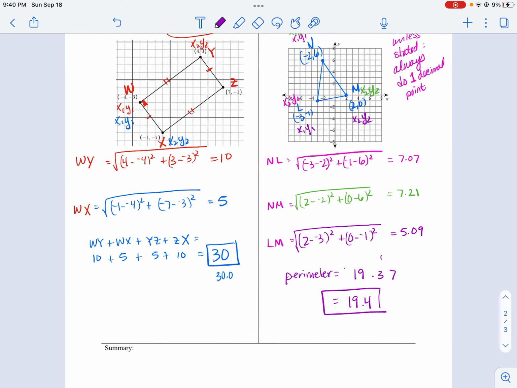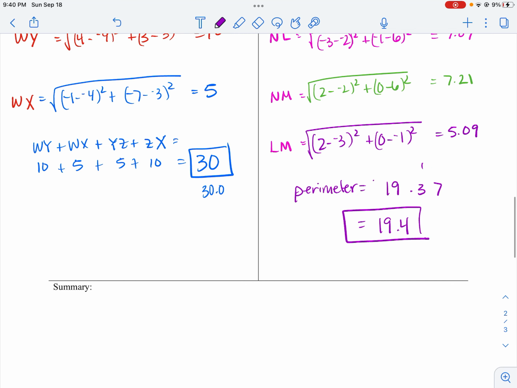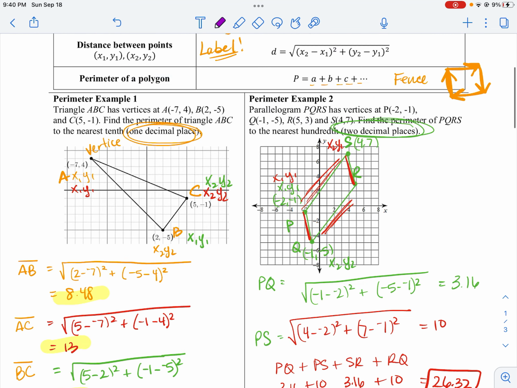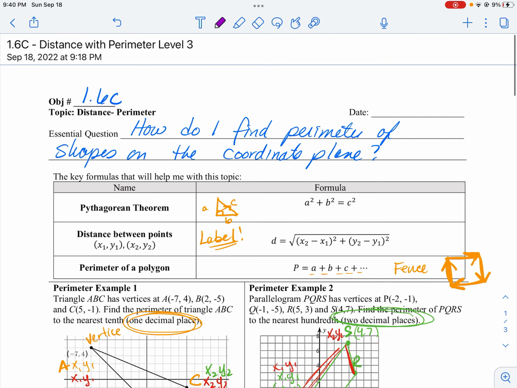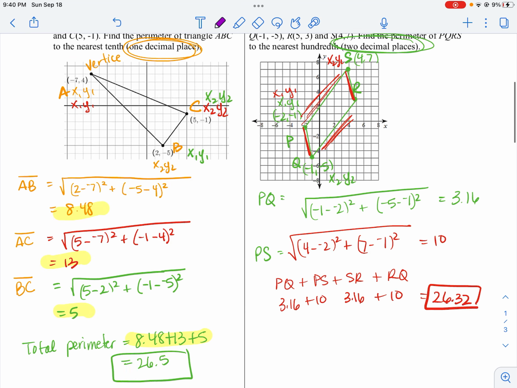So, as we're talking about our summary and thinking about what this means, I would go back to our essential question, which is, how do I find the perimeter of shapes? I probably should call those polygons on the coordinate plane.